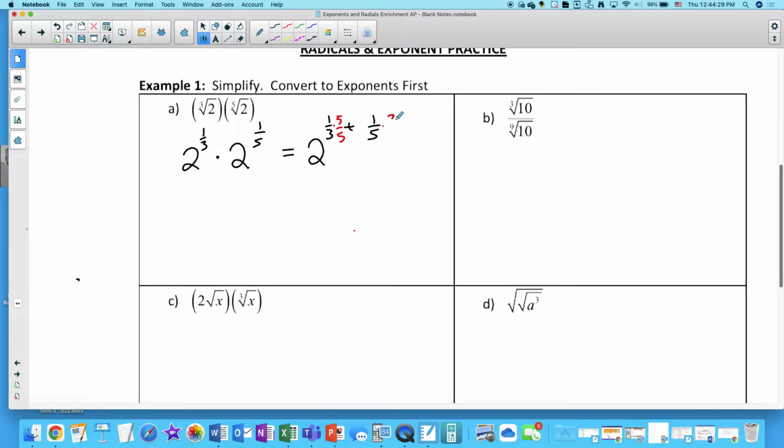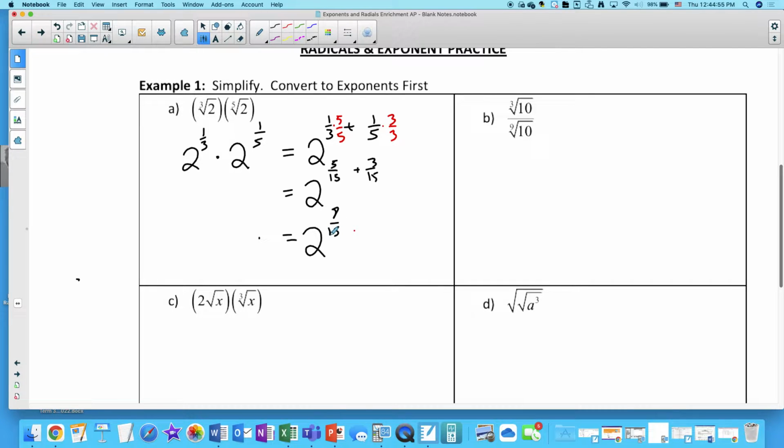This needs to be multiplied by 3 over 3. Right? And then the denominators are both 15. You have to multiply it by 5 over 5, so actually you're only multiplying by 1. Right? And then we're going to get 2 to the 5 over 15 plus 3 over 15, and that's 2 to the 8 over 15.